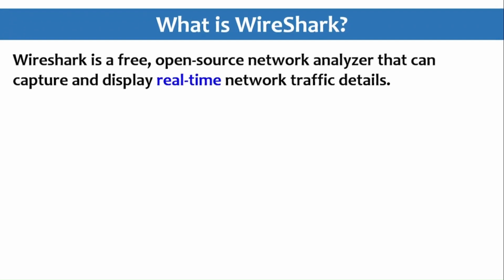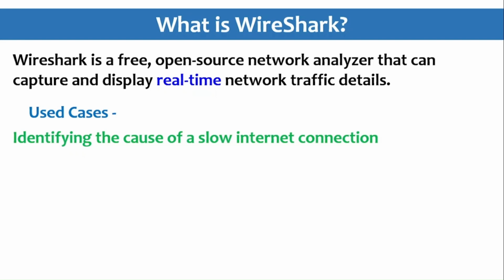Wireshark is a free open source network analyzer that can capture and display real-time network traffic details. It's an open source network packet analyzer that captures real-time network traffic. There are 1,000 use cases.